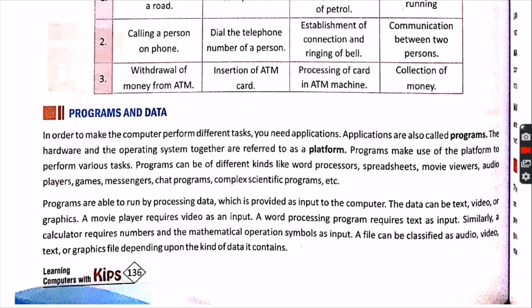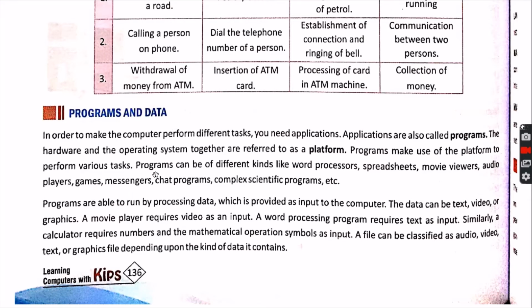So it needs additional implementation of certain software. Android applications are different from desktop applications. So the platform is important for programs, and programs are made according to the platform on which the program should run.